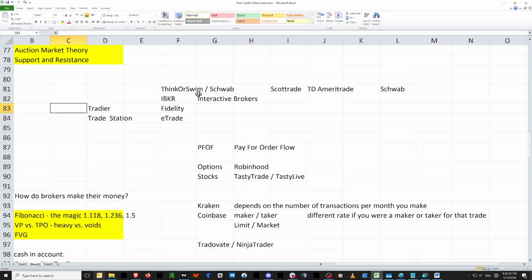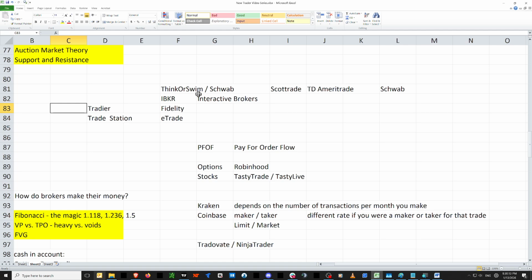They do have a monthly fee that you can pay if you don't want to pay per trade. So if you're trading a lot of options and you don't want to pay commissions on options, I think it's $30 a month. I could be wrong on that number, but I think it's $30 a month. You pay Tradier, and they'll waive all your commissions on your options.